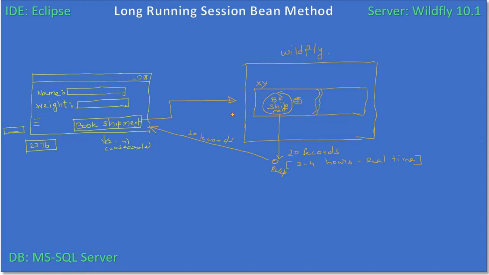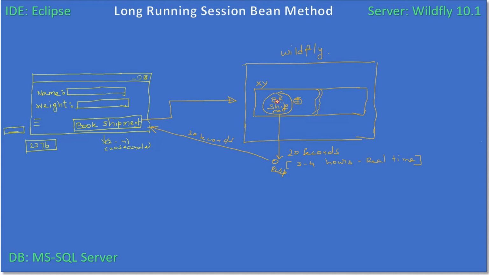So if such a processing gets finished within 2 to 3 seconds, then that's good for the round trip, right? So user will do something, they may wait 1 or 2 seconds or 3 seconds and they get their book shipment, or they get their response.